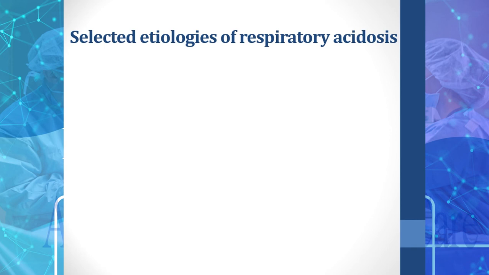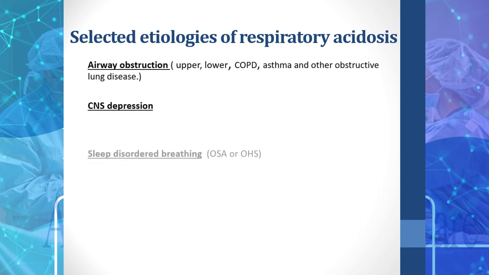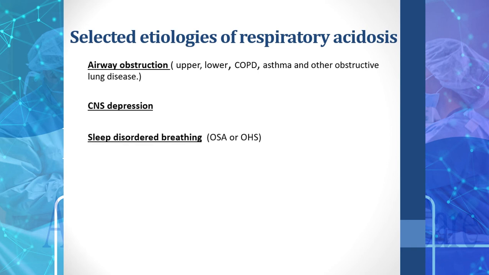Now let's talk about selected etiologies of respiratory acidosis and of respiratory alkalosis. What do you think may cause respiratory acidosis? Airway obstruction, of course, either upper or lower. A COPD patient will have carbon dioxide accumulation, and HCO3 will also be elevated.